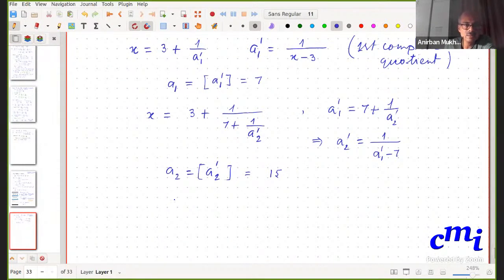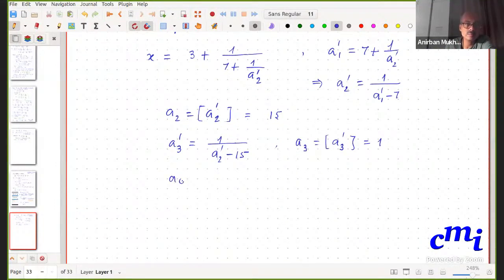So just continuing this, a3 dash is equal to 1 over a2 dash minus a2, and this is going to be 1 point something, etc. And if we just calculate, a3 is the integral part of a3 dash, which gives you 1.